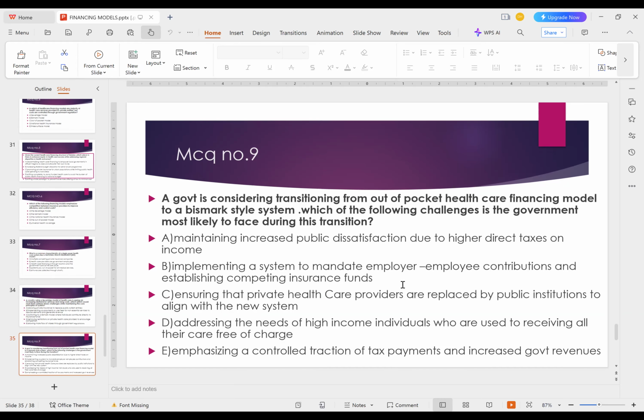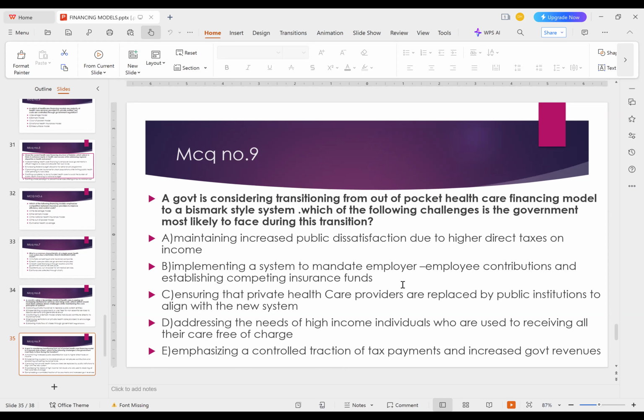MCQ number 9. A government is considering transitioning from an out-of-pocket healthcare financing model to a Bismarck style system. Which of the following challenges is the government most likely to face during this transition? A, maintaining increased public dissatisfaction due to higher direct taxes on income.